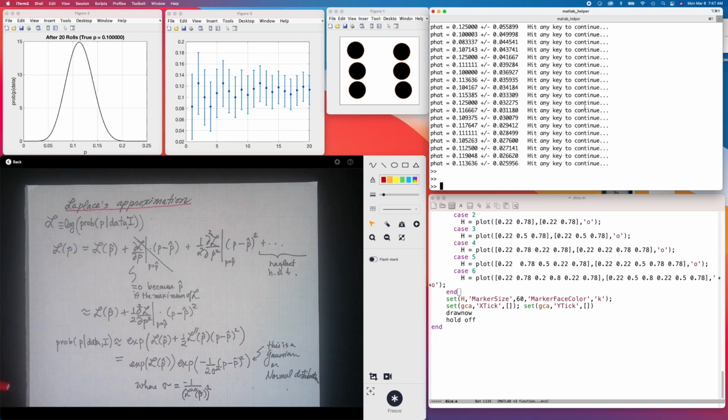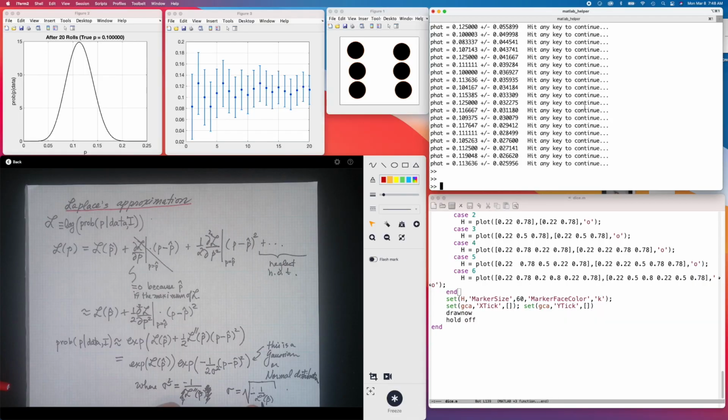Sigma squared is this. Ah, I'm messing up here. Yeah. Minus L double prime reciprocal is sigma squared. So the standard deviation sigma is going to be equal to the square root of minus 1 over L double prime evaluated at p hat, which is at the maximum.